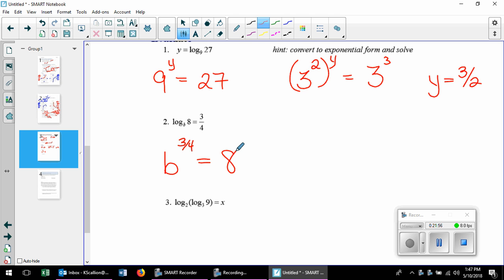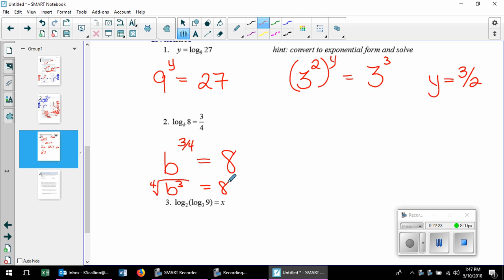These are tougher. Okay, so the whole point is I want a single b, right? I want b to the exponent 1. That's my goal. So what do I have to do to the exponent here to get rid of some stuff? If I was to write this as a radical, this would be the 4th root times b cubed equals 8. Sometimes it's easier to see if you were to do that.